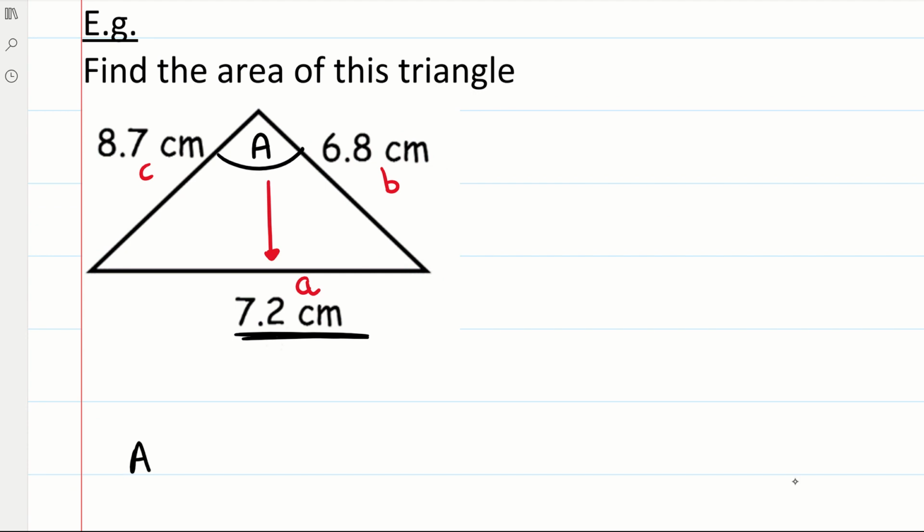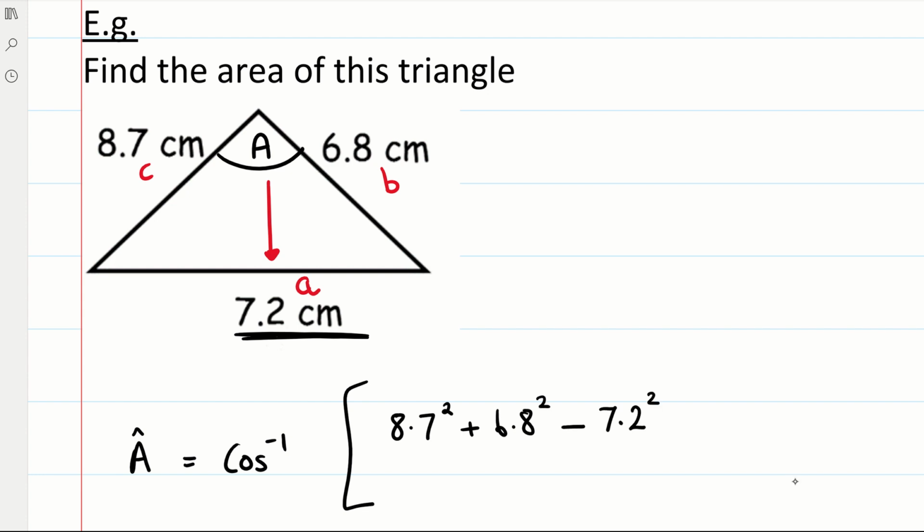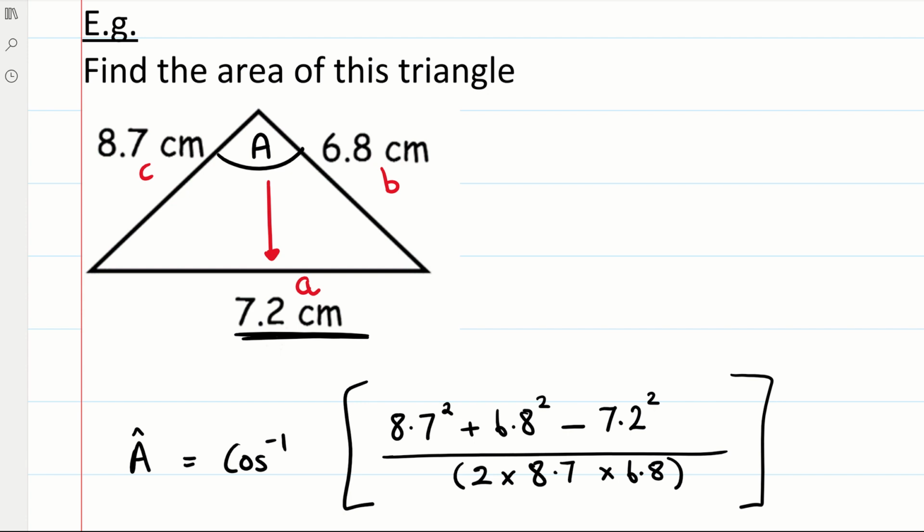So angle A is cos minus 1, and it's going to be 8.7 squared plus 6.8 squared minus 7.2 squared over 2 times 8.7 times 6.8. I like to put it in brackets, close brackets.